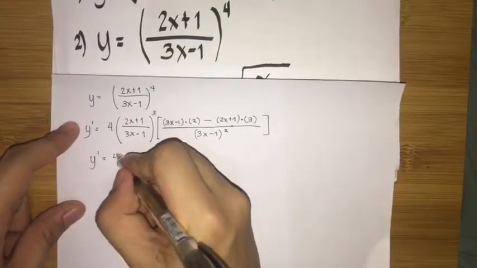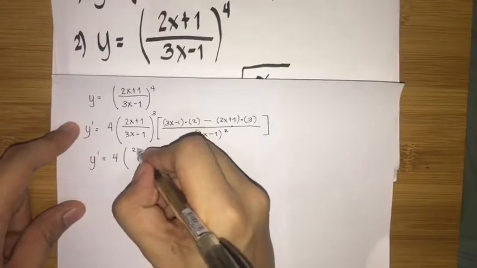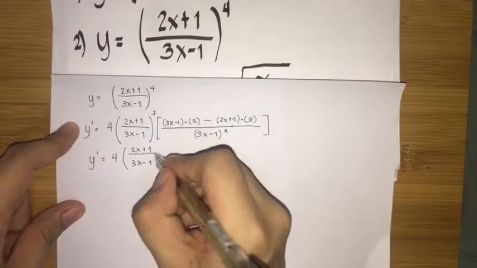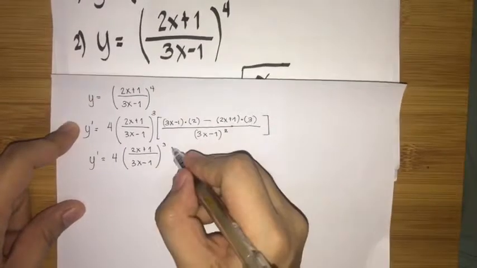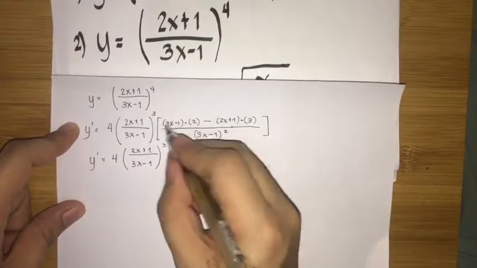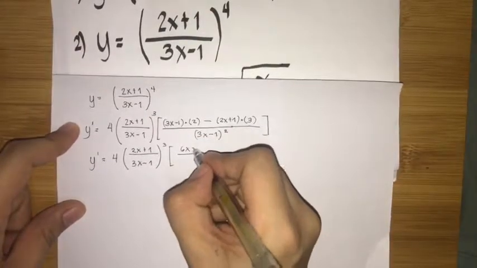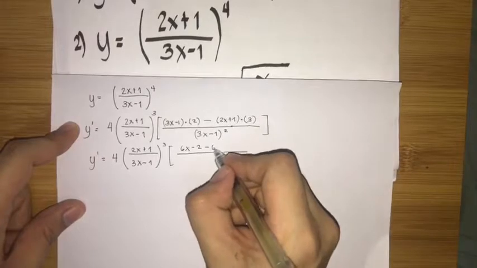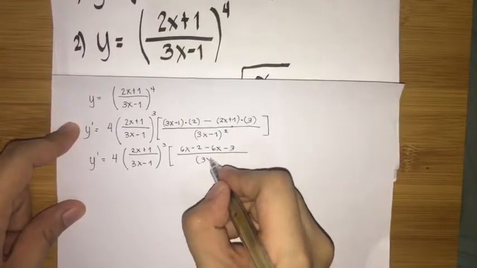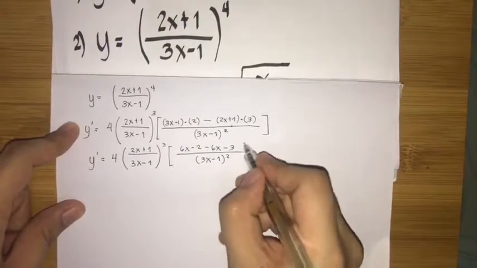So 4 times 2x plus 1 over 3x minus 1 quantity raised to cube. Let's just simplify the numerator. So distributing to 6x minus 2 minus 6x minus 3, then 3x minus 1 quantity squared.